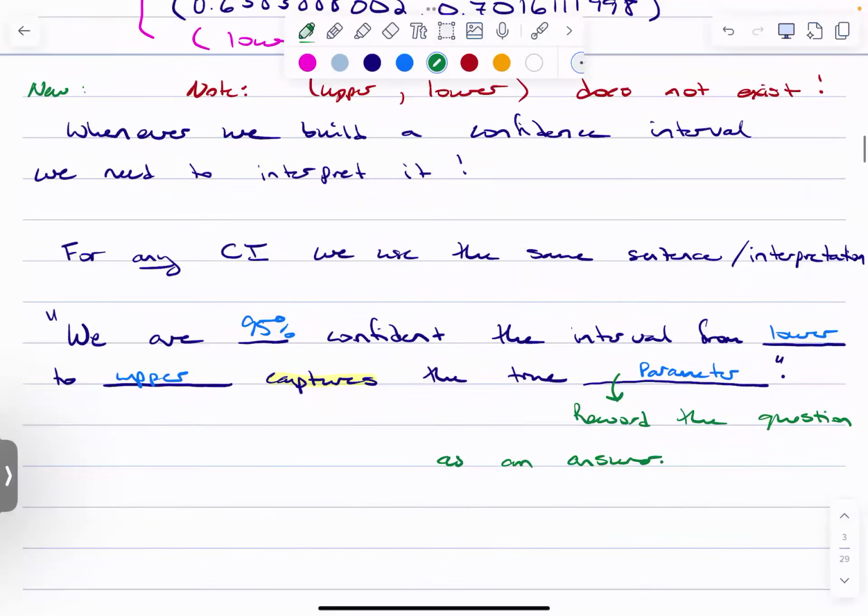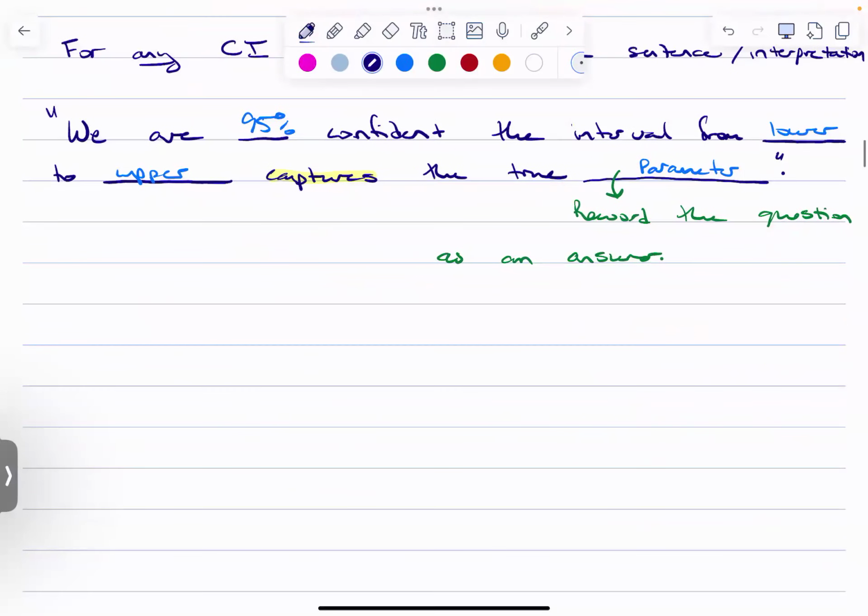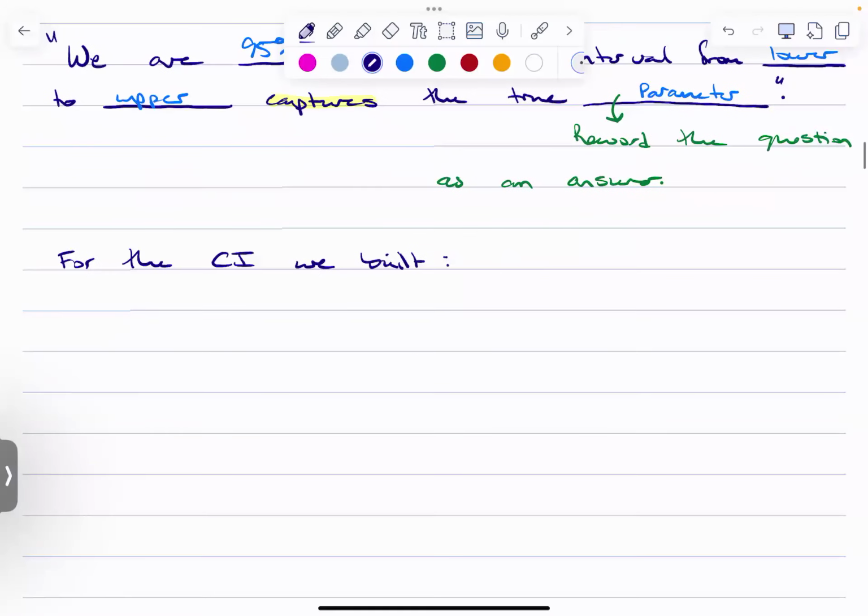So for the confidence interval we built, it's going to look like this. We are 95% because we built a 95% confidence interval.